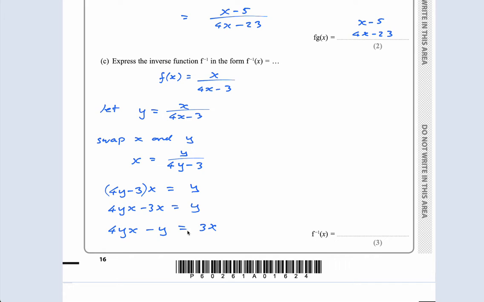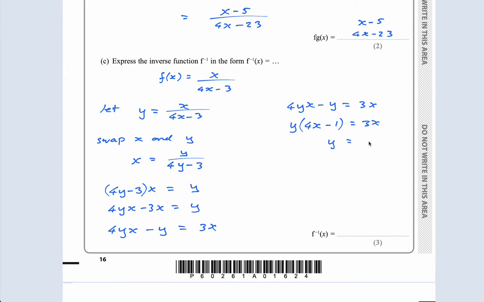3x. Okay, then this is the tricky bit. Let me just write that line again, guys. 4yx minus y equals 3x. This is the tricky bit. To get y on its own here, I have to factorize it. So I take out the y, and I'm left with y times 4x minus 1 equals 3x.